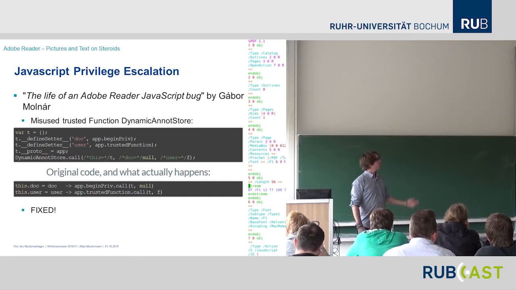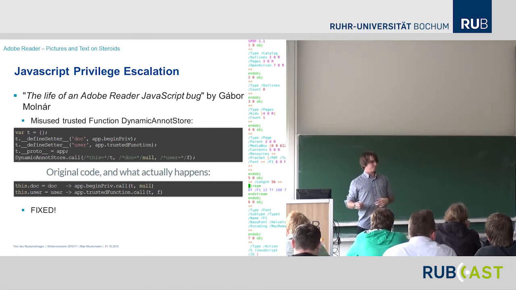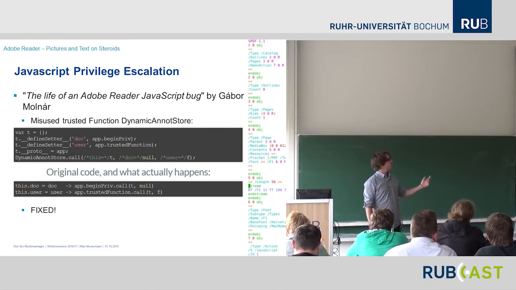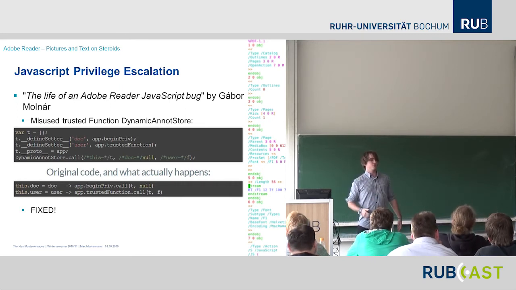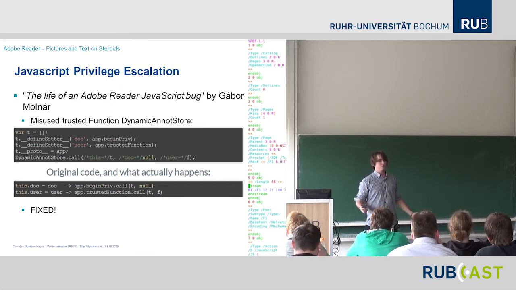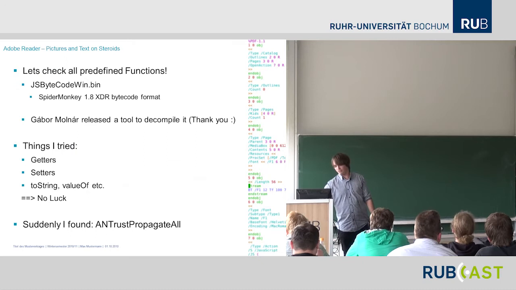And then it will call app.trustedFunction because this.user is actually app.trustedFunction. And now the parameter f, because user is his function f or his payload, is now a trusted function. And if he calls it now, he can use it to, as an example, read local files. I checked it, it's really fixed.